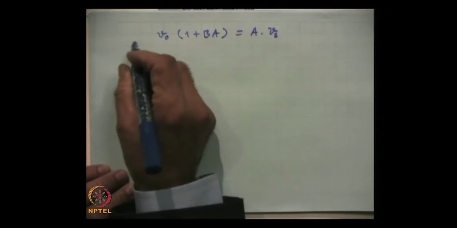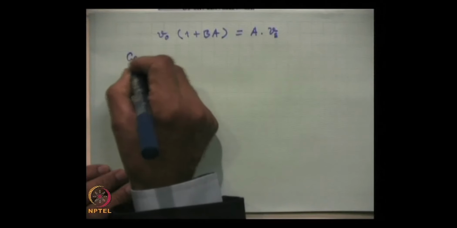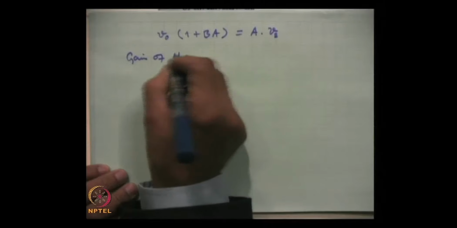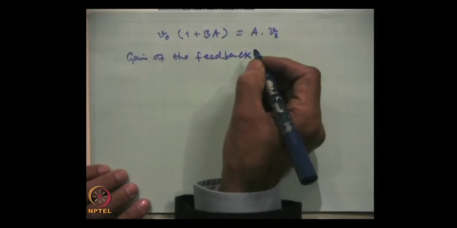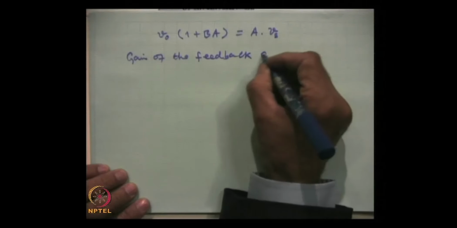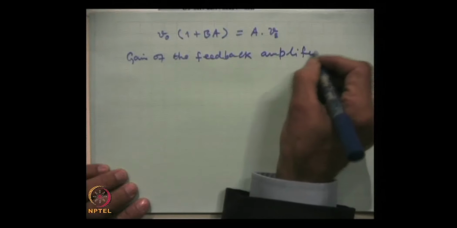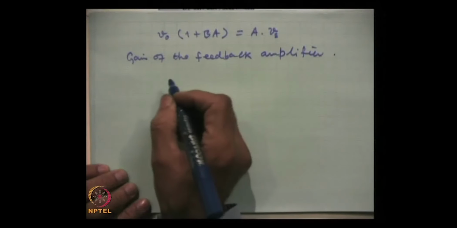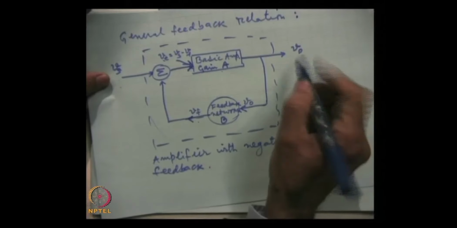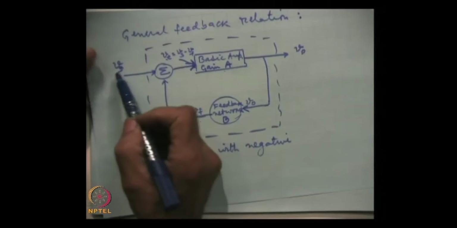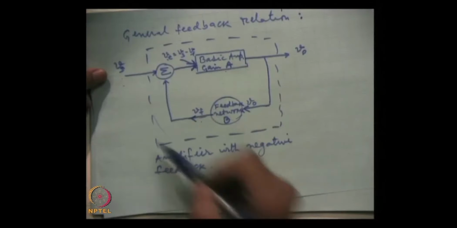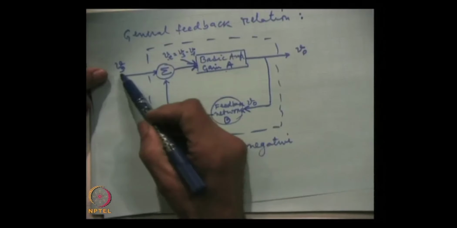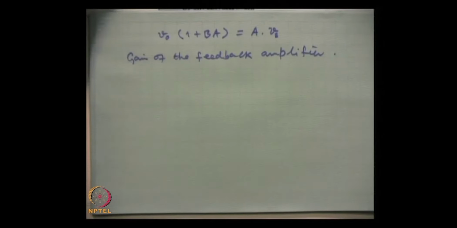Now, gain of the amplifier, gain of the feedback amplifier, or amplifier with feedback. This is the feedback amplifier. To that, output is V0, input is Vs. Vs is the signal strength which we are feeding, and so this total amplifier has input as Vs and output is V0.